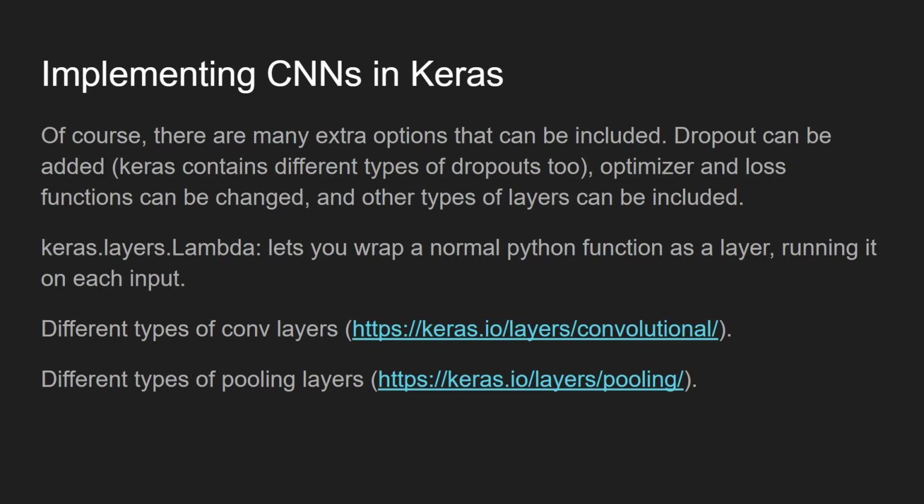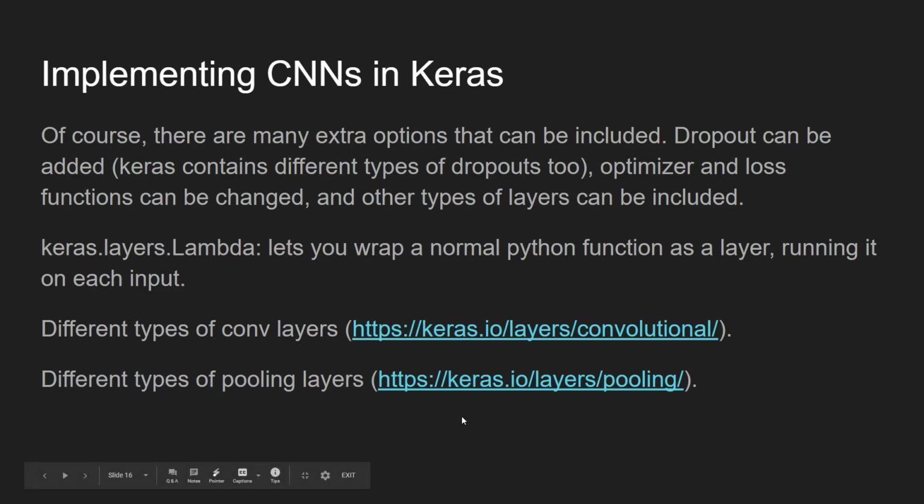And there are so many other options out there for things you can add. Keras is huge, so if you want to try some things, especially on our current lab where we're doing a lot of the competition, it is probably worth looking into some of these. Different types of convolutional layers, different types of pooling you can try.